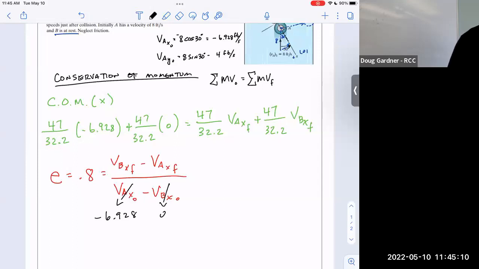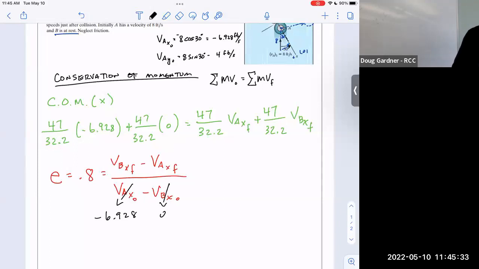They're both unknown, but now I have two equations, two unknowns. You see what I'm saying? So that's the beauty of that coefficient of restitution equation.